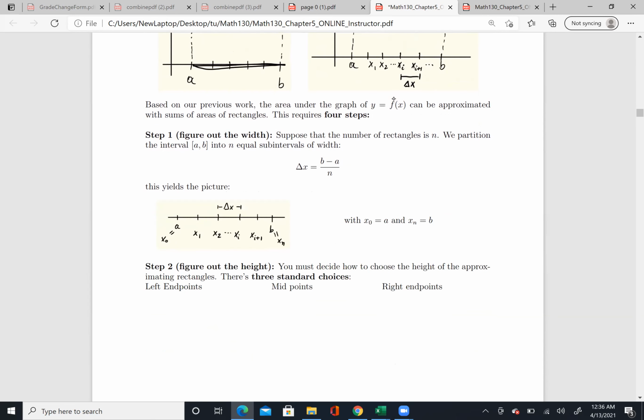Step 1, figure out the width of the sub-intervals.